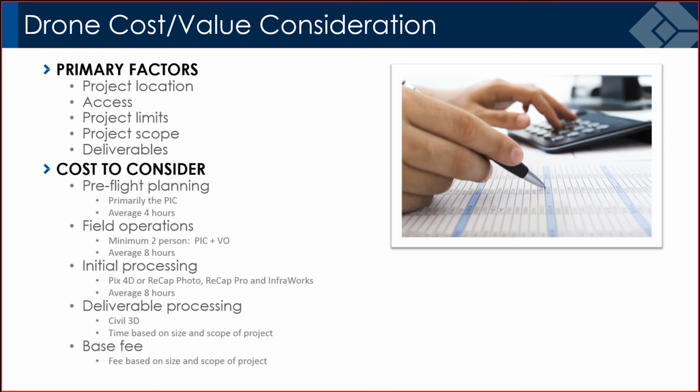Cost to consider, again, pre-flight planning, being as prepared as we possibly can because our battery life is minimal. So for example, I flew Walla Walla, and it was, I think, over 100 acres, but it took me 30 minutes of total flight time at 375 feet.